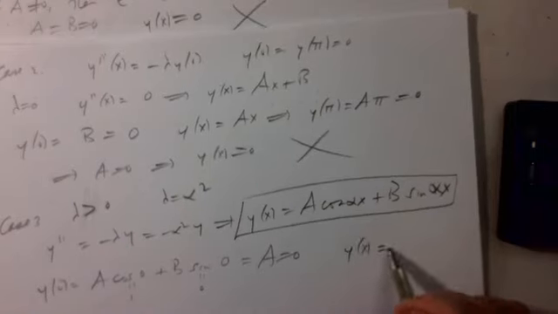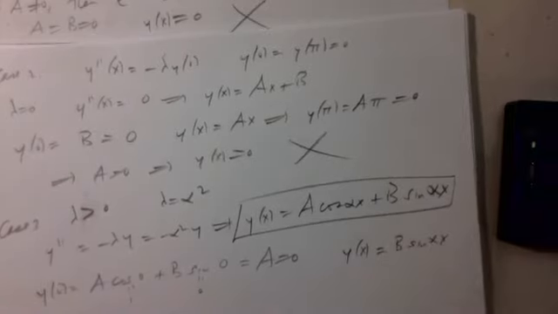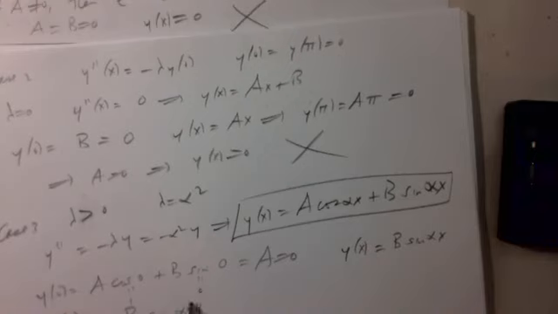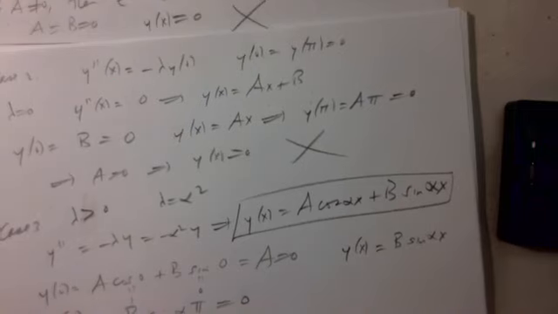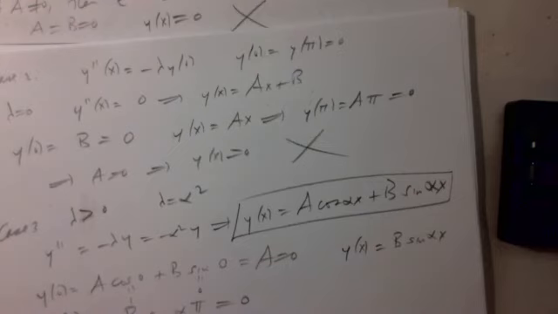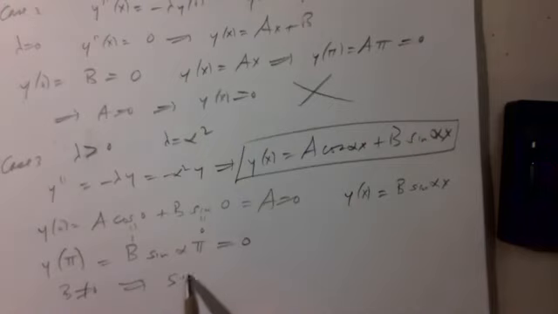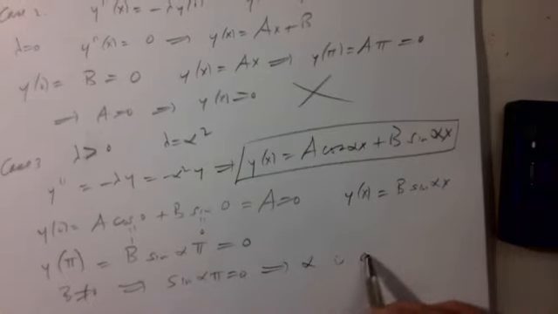So y of x is b sine alpha x. And y of pi is b sine of alpha times pi. This also has to equal 0. If b is not 0, which has to be the case if there's a non-zero solution, then sine of alpha pi is 0, which means alpha is an integer.